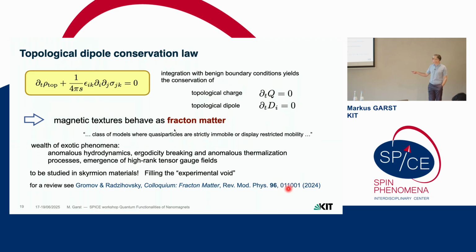This has not been appreciated. If you read that colloquium, they say there is an experimental void, because there are all these nice phenomena, however there is no experimental system where this can be studied. But I'm saying, well, just look at skyrmion materials. They should, in some limit, behave as fractons.